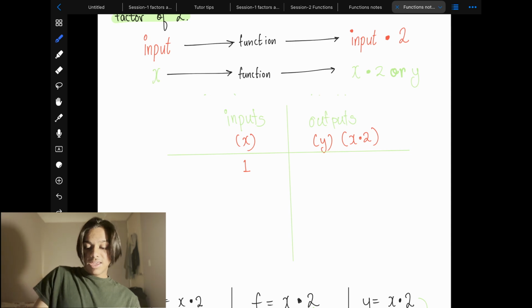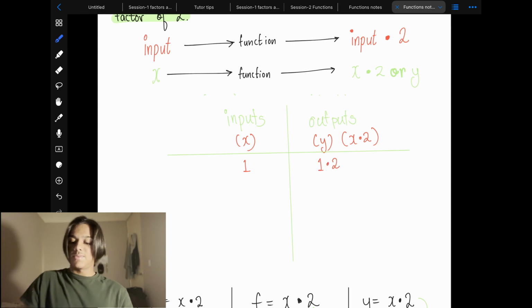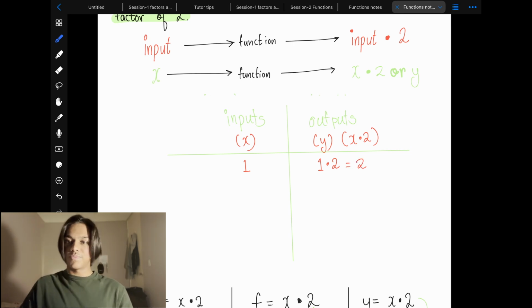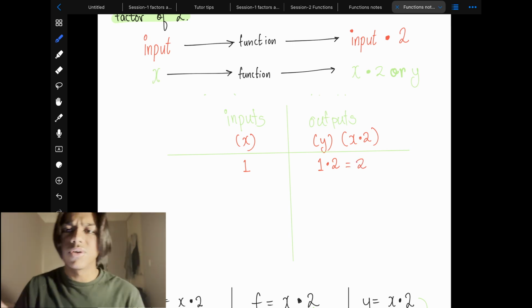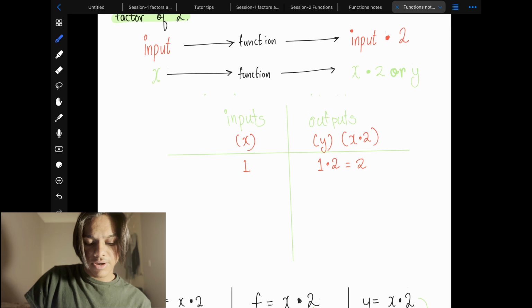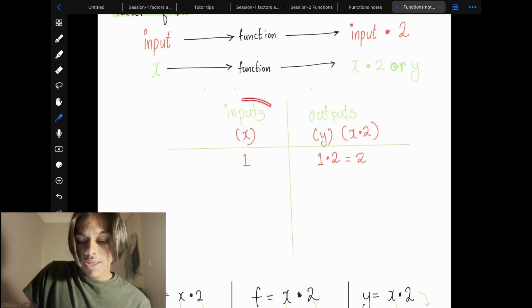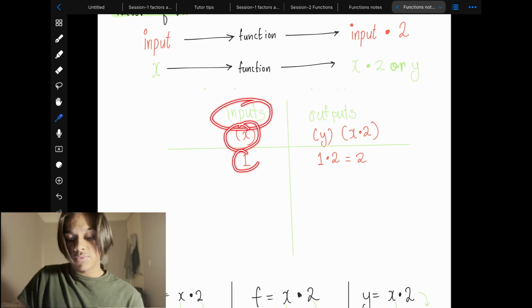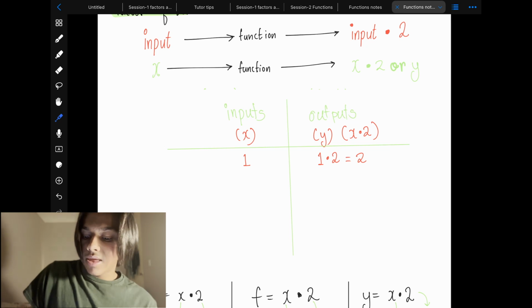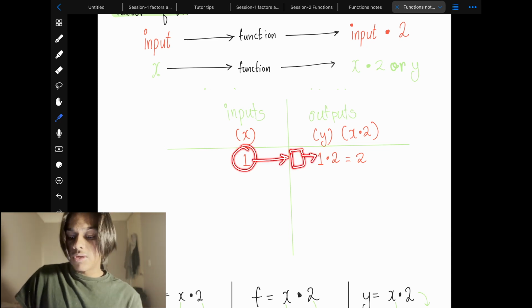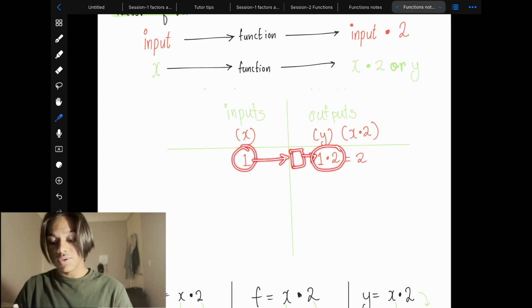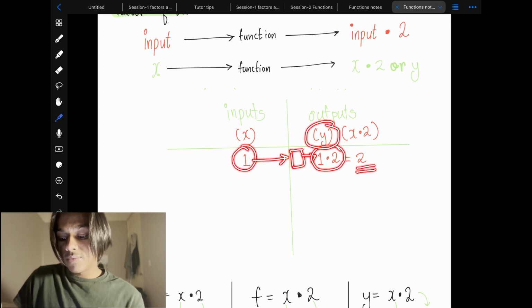So I can say my output is 1 times 2, which is nothing but 2. So all I did is my input, or my x, was 1, and that 1 went into the function to give me input times 2, or the output, which is 2.